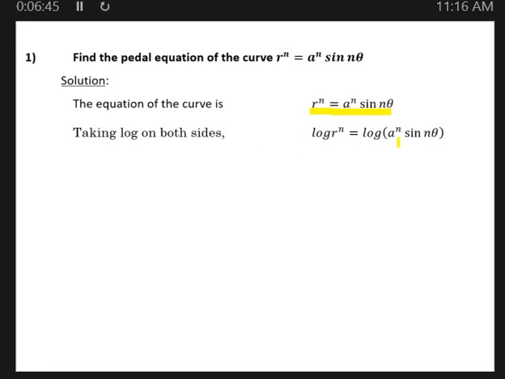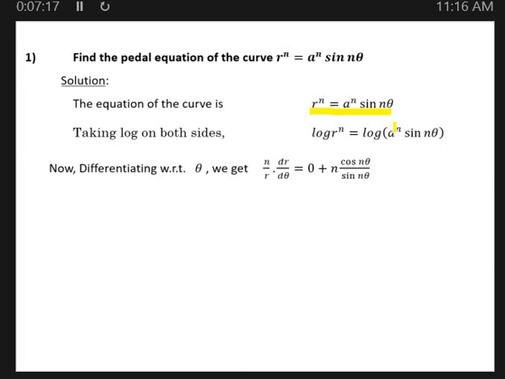Now differentiating this equation, we get n by r into dr by d theta is equal to 0 plus n cos n theta by sin n theta. See, the derivative of log r to the power of n is n by r into dr by d theta. Then the derivative of log of a power of n sin n theta means it is log a power of n plus log sin n theta.